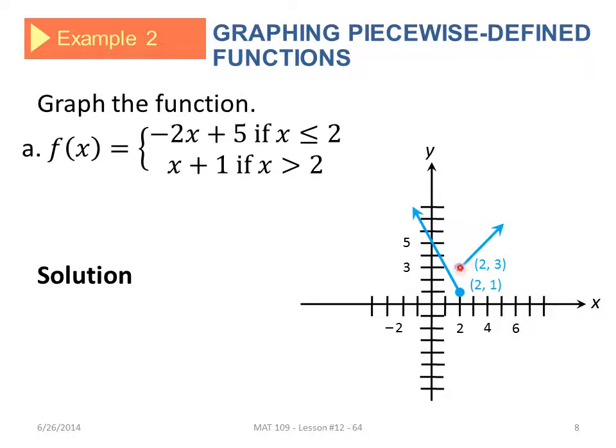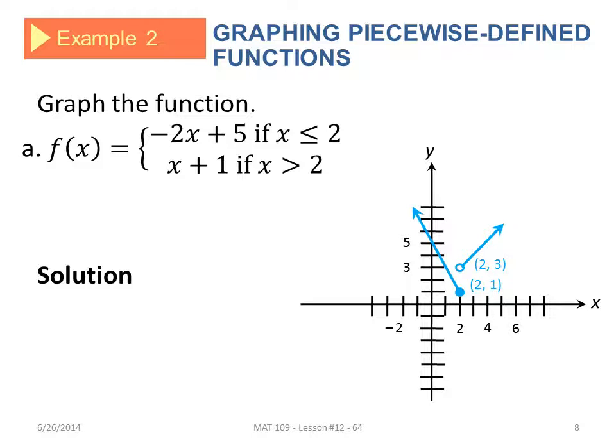If you recall what the closed circle and the open circle mean, they're like brackets or parentheses on intervals. This one means that that point is part of this line. This line goes all the way to include that point. The open circle means that the line does not include its own endpoint.